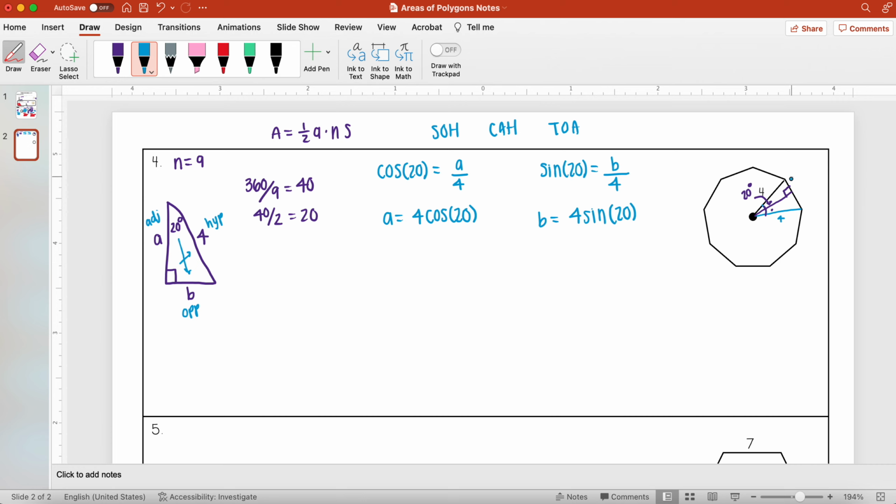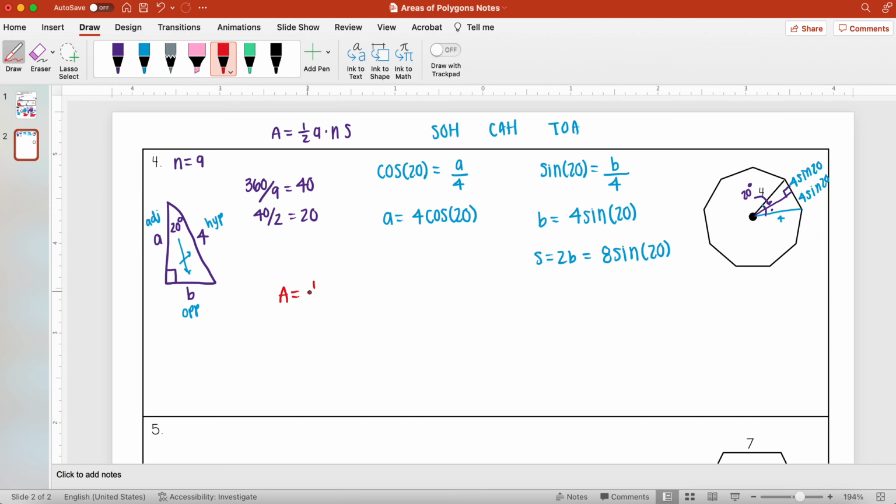So I have that this part is 4 sine of 20, so that means this other half is also 4 sine of 20. So that means that s is just going to be twice b, which is equal to 8 sine of 20. So I have my n, I have my a, I have my s. I now can plug those in to find my area.